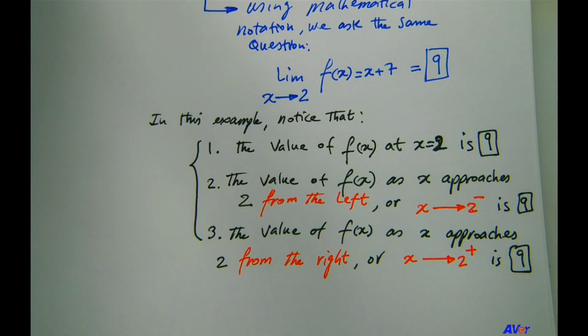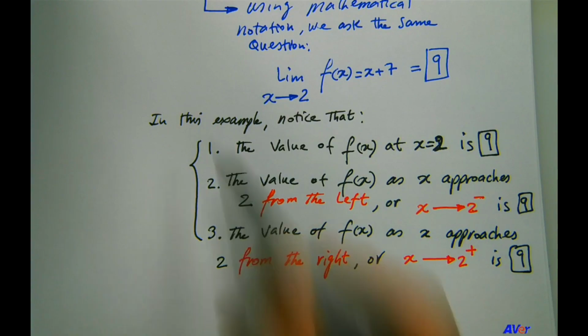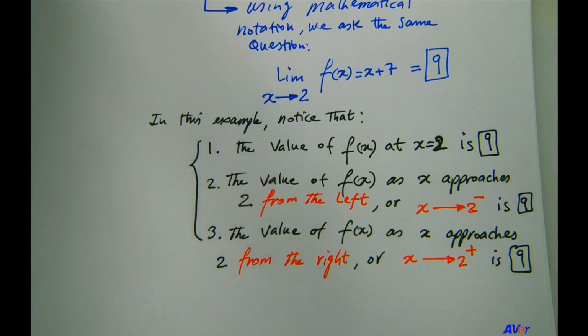Those are very important things that we need to notice now, and in section 1.5 when we will be talking about continuity of functions. We haven't gotten that far yet, but these three constitute what we call the continuity of a function.